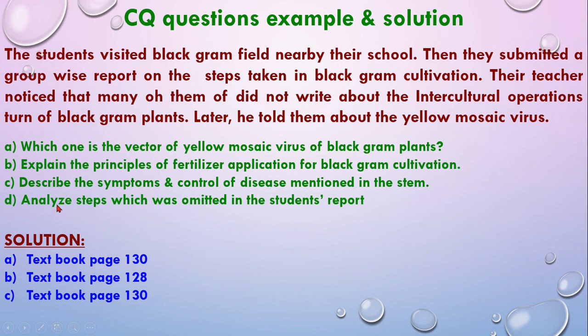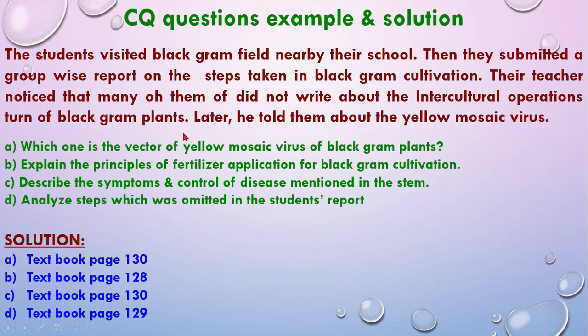And the last question is: analyze the steps which were omitted in the student's report. You can get this answer on page number 129, because the teacher told them to write a report on the steps taken in black gram cultivation. The teacher noticed that many of them did not write about the intercultural operation.